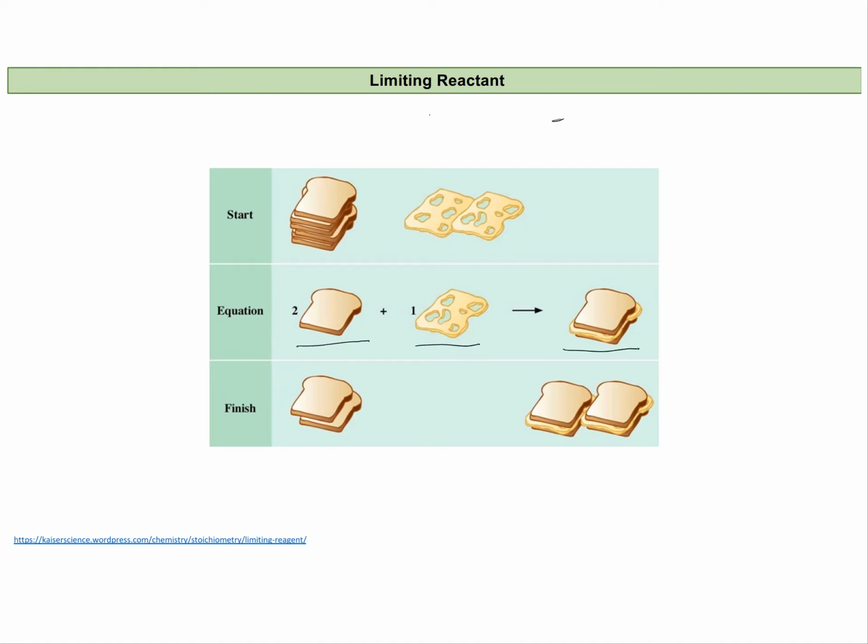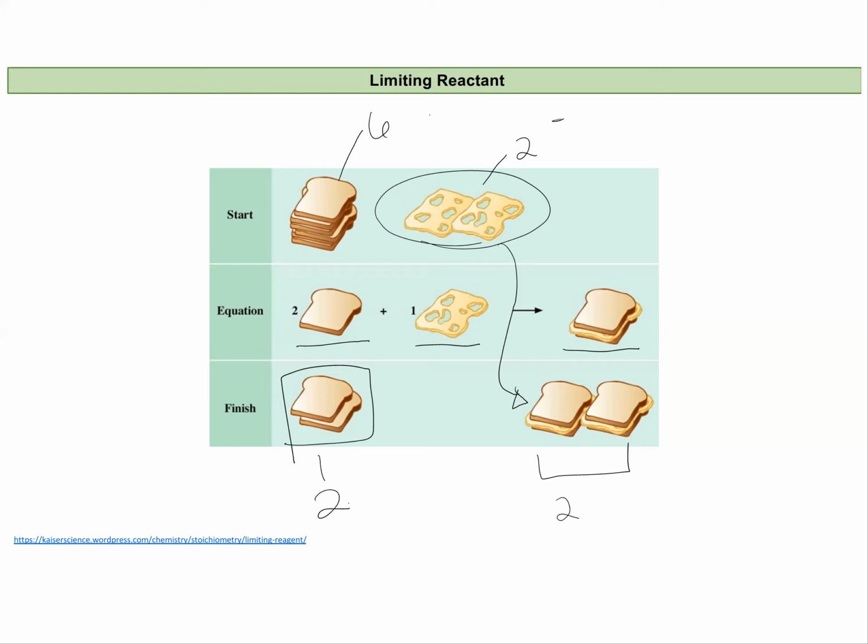So if we are starting with 2 slices of cheese and 6 slices of bread, if we were going to make sandwiches, we would only be able to make 2 sandwiches in the end, because the 2 slices of cheese that we have limit the amount of the sandwich product we can make. It also means that we're going to have 2 pieces of bread left over.